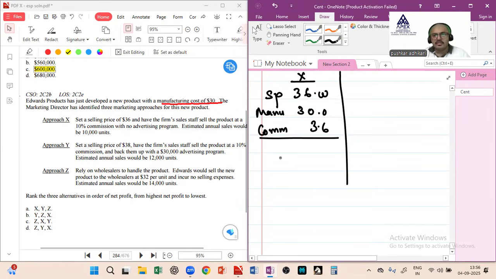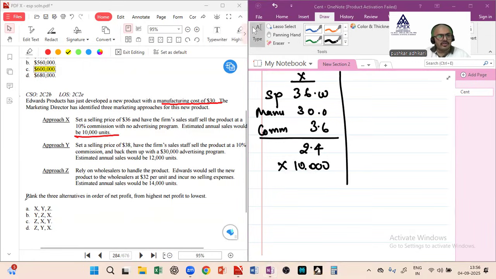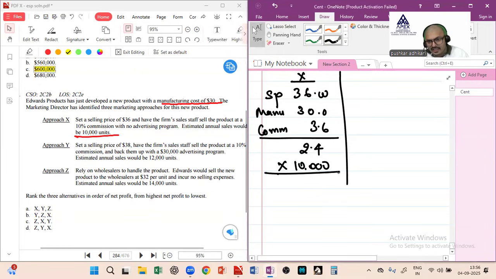What are you left with per unit? So per unit I am left with 36 minus 33.6, which is 2.4 per unit. And how many such units are you going to sell? They say clearly that you will sell 10,000 units. So what is my net profit over here? My net profit will come to 24,000 in alternative X.